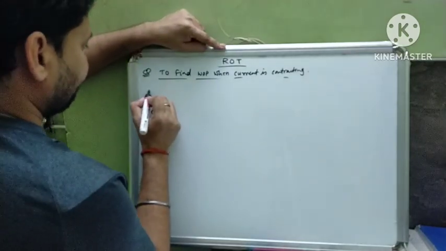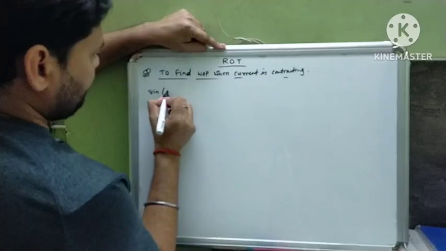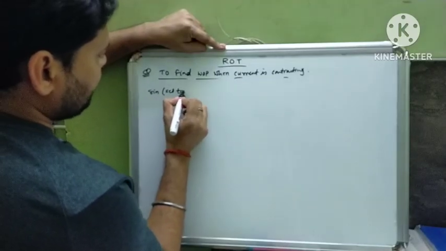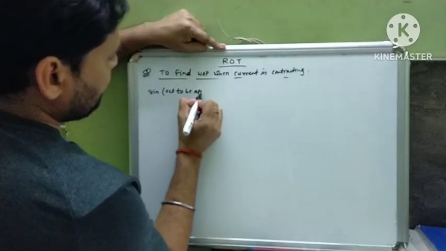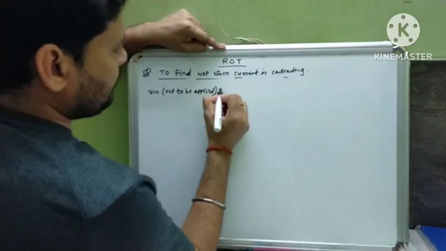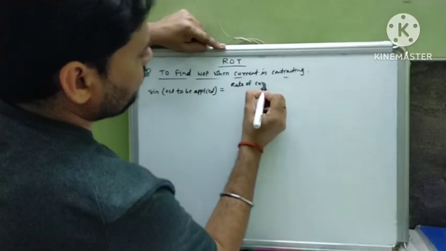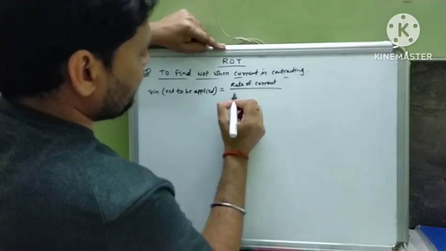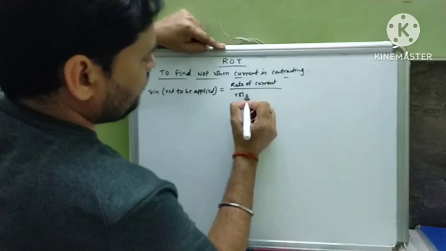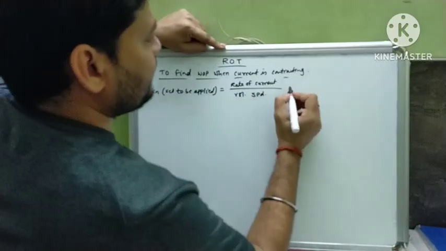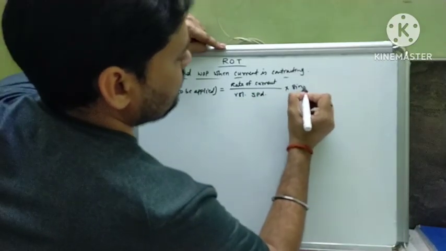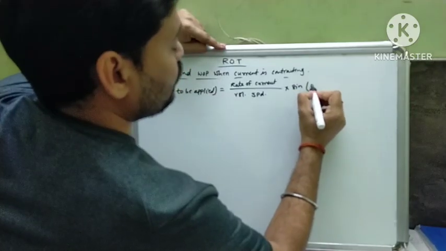So that formula is: sine of set to be applied equals rate of current divided by vessel speed into sine of course to made good.